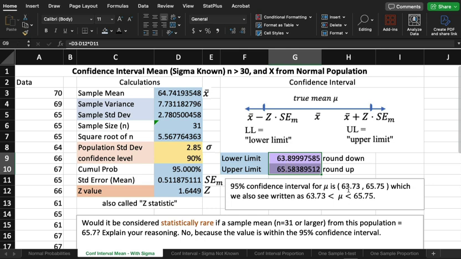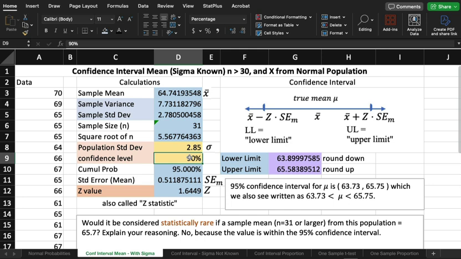Instead of starting at 63.73, it would start at 63.89, because we're rounding down. And the upper limit would be 65.58. So if we had a confidence level of 90%, we could shrink the interval slightly.